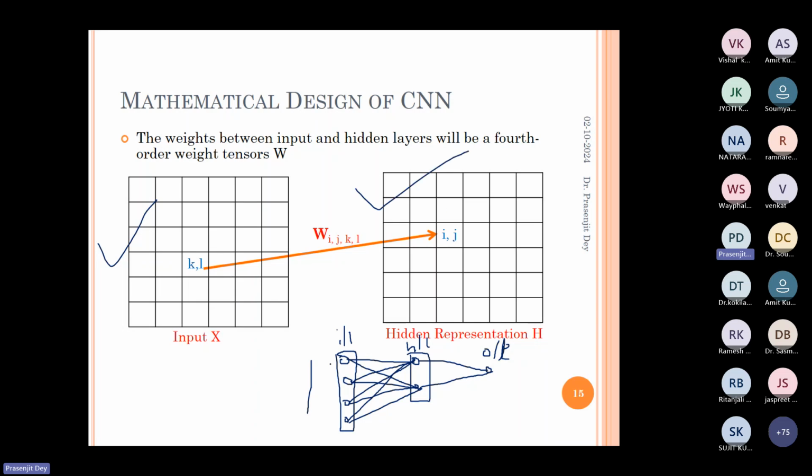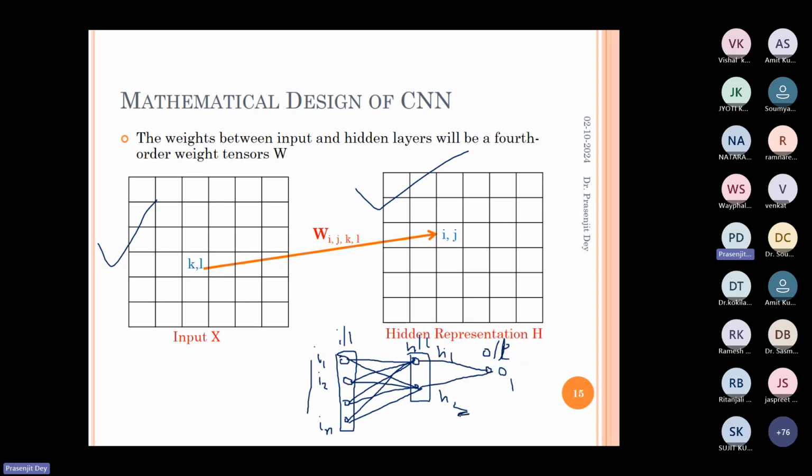This is how we represent inputs if it is one-dimensional: input index 1, input index 2, up to input index n. Like this is hidden node 1, this is hidden node 2, and this is output node 1.